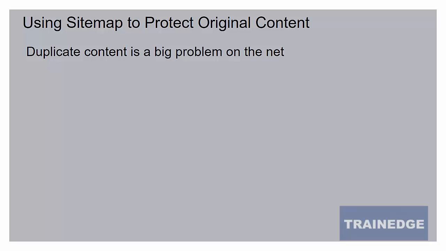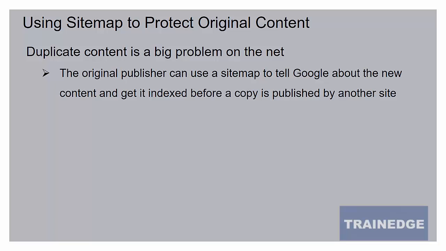So how do you prevent somebody from copying it, or at least prevent Google from giving credit for the content to some other site? What we can do is, using the sitemap, we can tell Google about the content and get it indexed before a copy is published by another site.